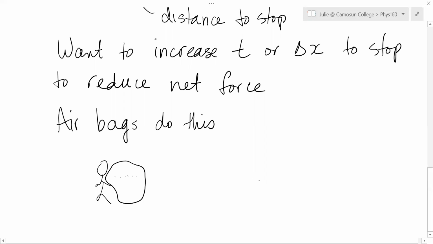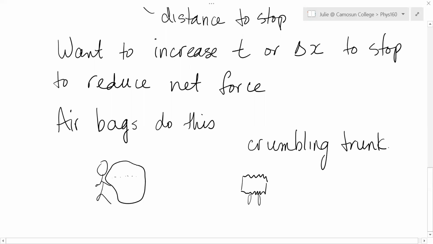The crumpling of the trunk in front of your car is kind of like a spring. So this would be the stopping distance. Crumbling trunk does this as well.